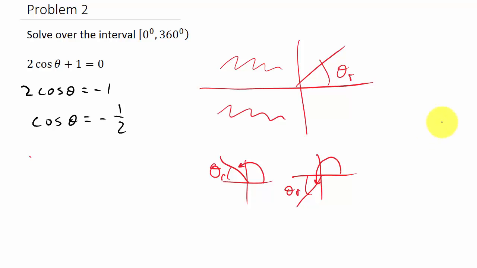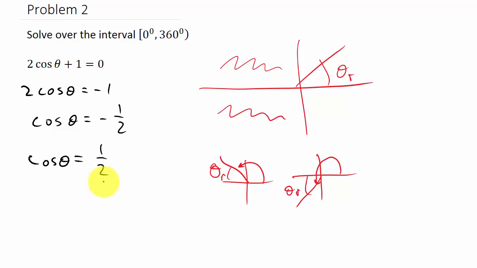Had a little technical difficulty there, but we're back. So to find my reference angle, I have to take cosine theta and set it equal to the positive 1/2, because whenever you take the sine, cosine, tangent, cotangent, cosecant, or secant of a reference angle, it's always going to be positive.